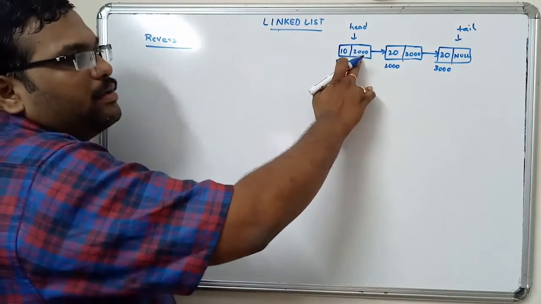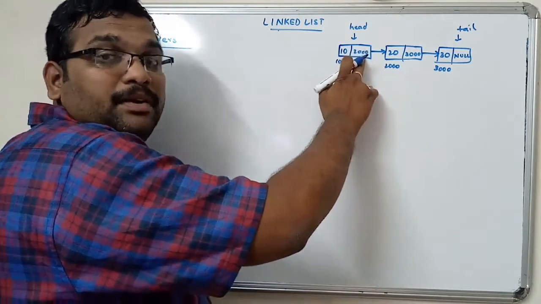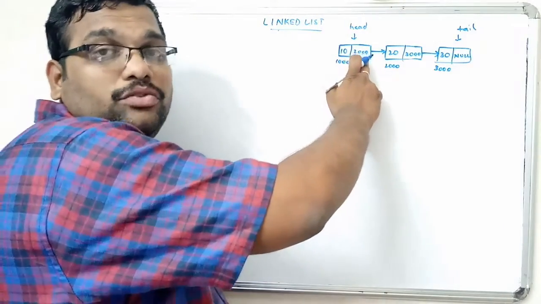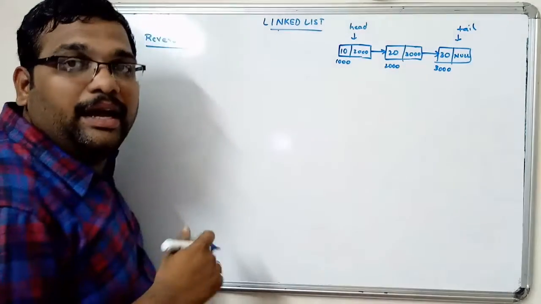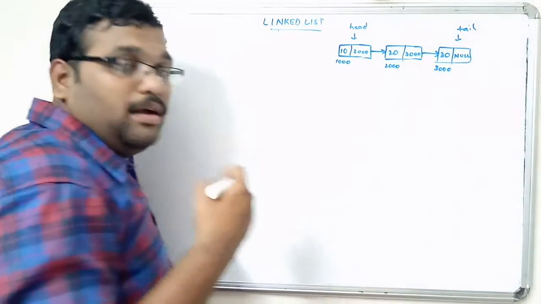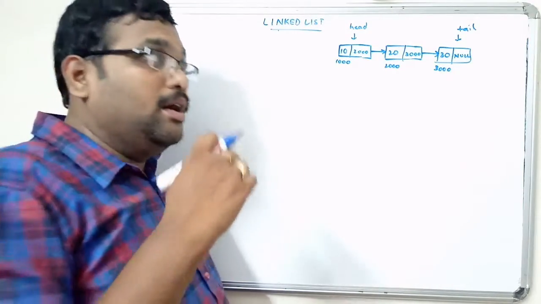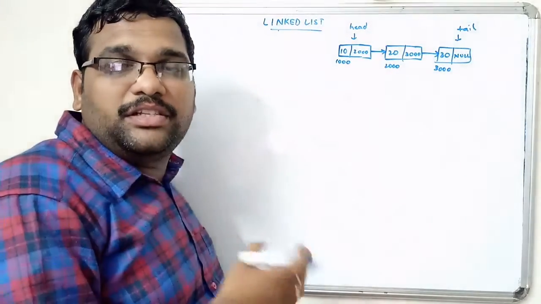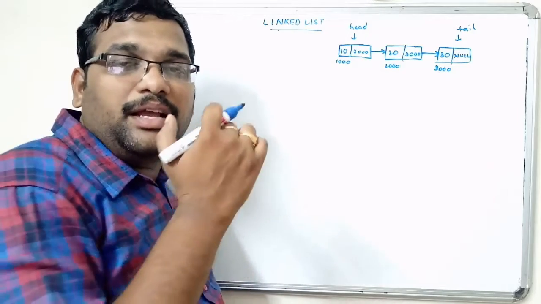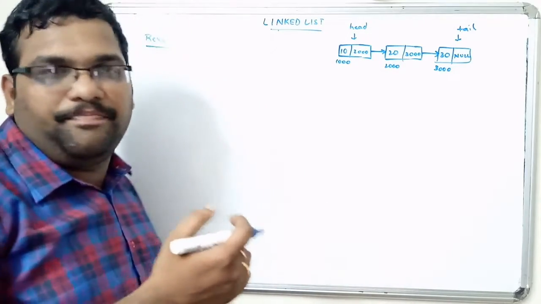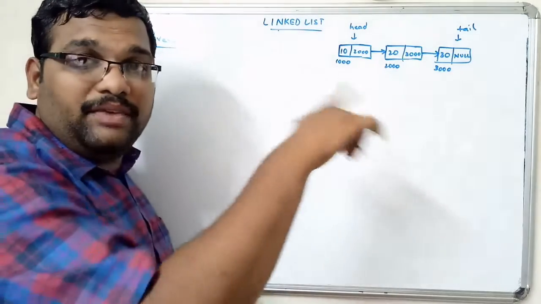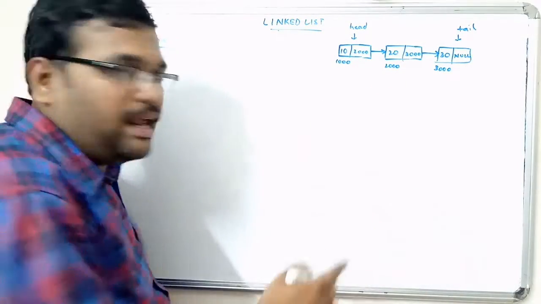And in the 10, the next address will be assigned to null, because 10 will be the end element. So further we will use 3 more structure pointer variables, like previous, current and next. Right. Now let us write the code and then we will trace so that your doubts will be clarified.